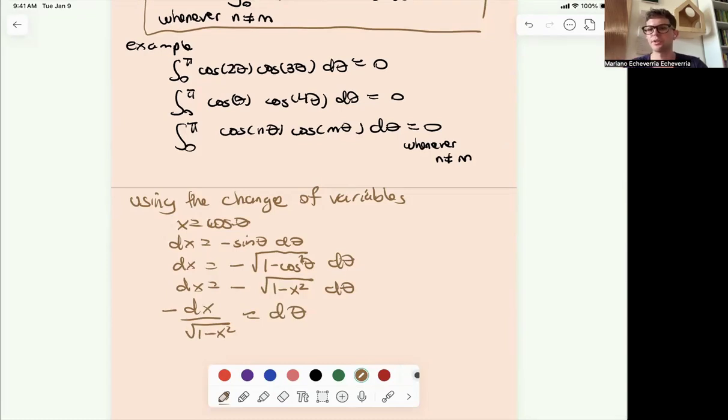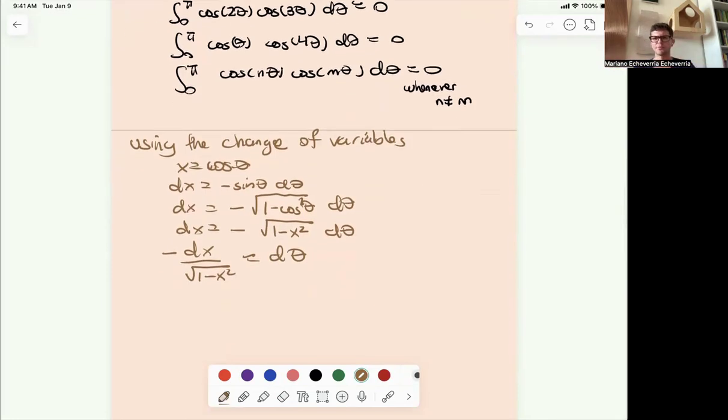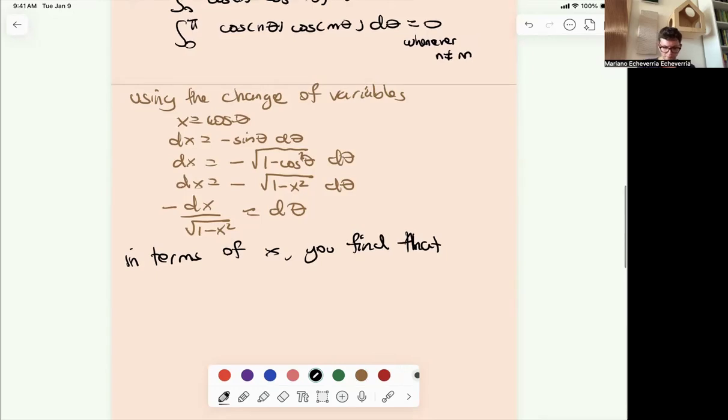But if you rewrite the integrals in terms of x instead of theta, after doing some work you find that the integral from -1 to 1 of Tn of x times Tm of x times dx over root of 1 minus x squared equals 0.